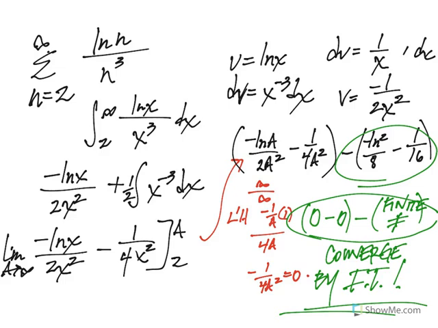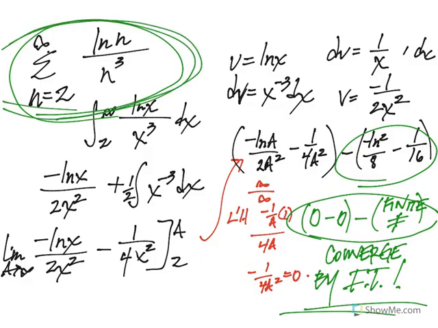I just am looking for the relationship between the behavior of the integral and the behavior of the infinite series, because they will be the same. So that means that my infinite series from 2 to infinity of ln of n over n cubed will converge because the area converges underneath the corresponding function. All right, now let's take a look at the p-series test.